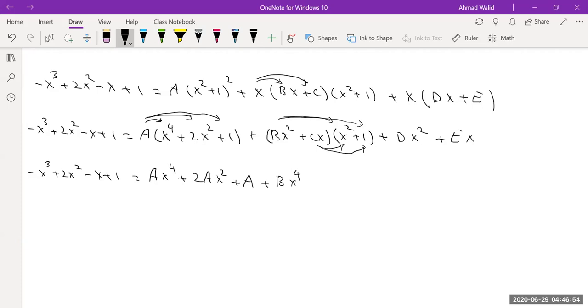Bx squared times 1 gives you bx squared. Cx times x squared gives you cx cubed. And cx times 1 gives you cx. Plus dx squared plus ex.